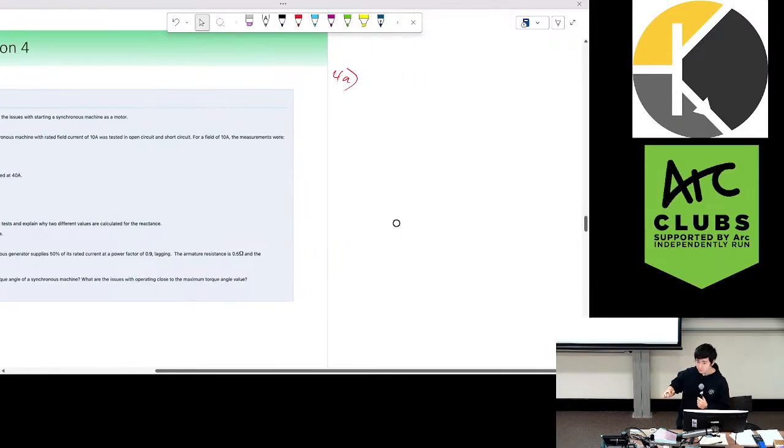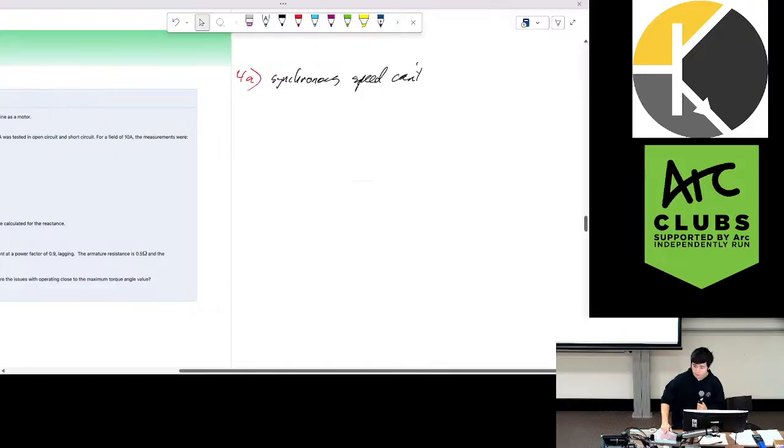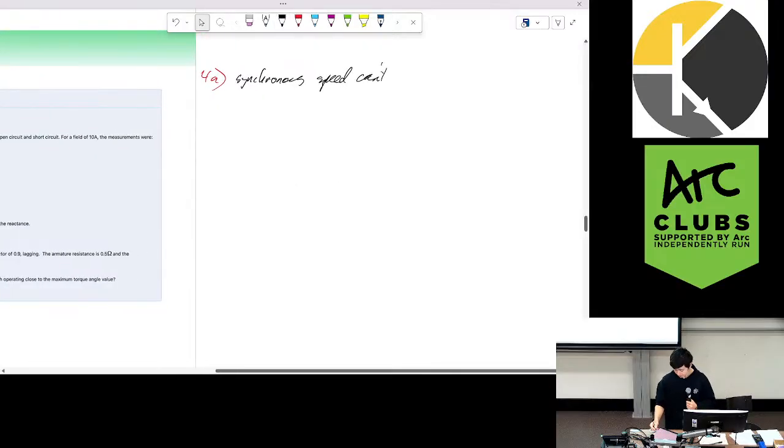It wants to move too fast. Synchronous speed can't be caught up to in a timely fashion.